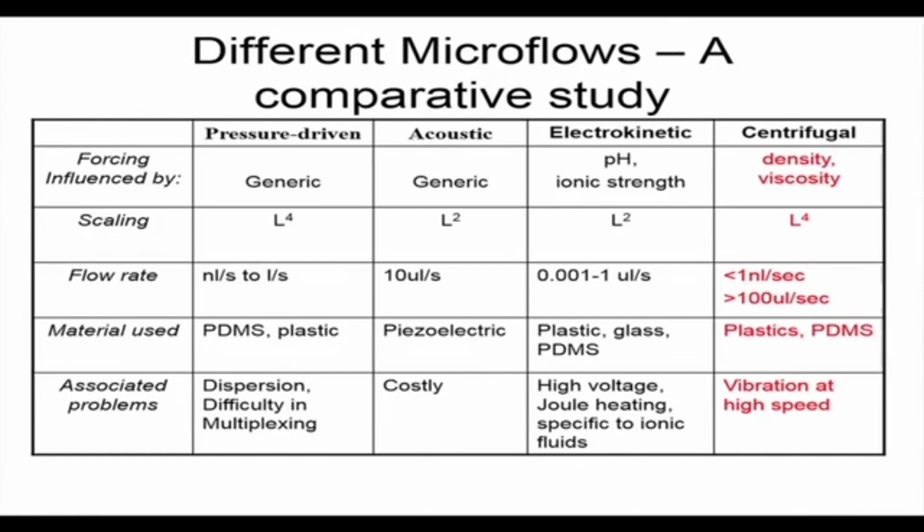Flow rates in pressure driven flow are very typical. One can get from nanoliter per second to even liter per second, but if you want to get flow rates as high as liter per second, you have to have very powerful driving actuation. Acoustics is typically of the order of 10 microliter per second, and these are just orders of magnitude, a rough idea.